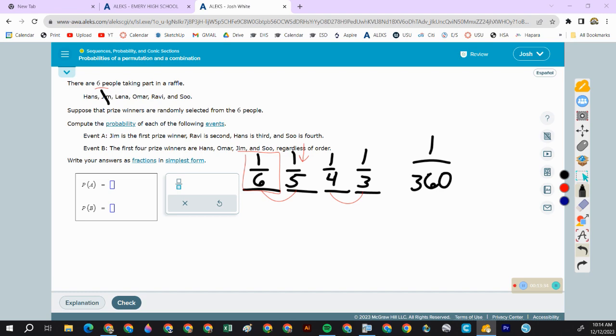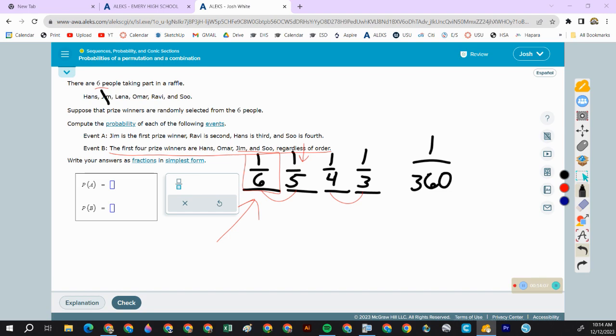Now, how is this different? The first 4 prize winners are Hans, Omar, Jim, and Sue. How is that different from A? Over here, the winners are Jim, Ravi, Hans, and Sue, so we know that those 4 people win in that order.